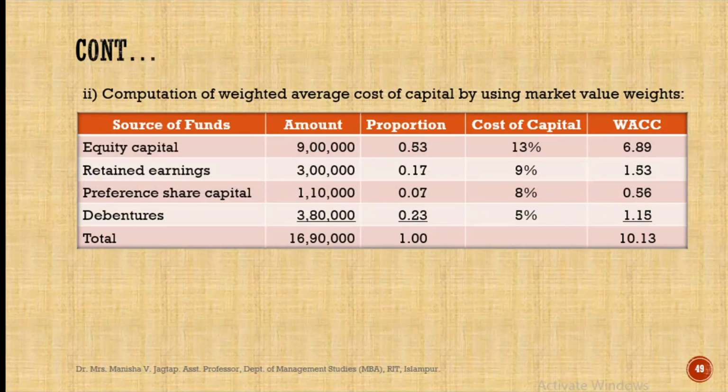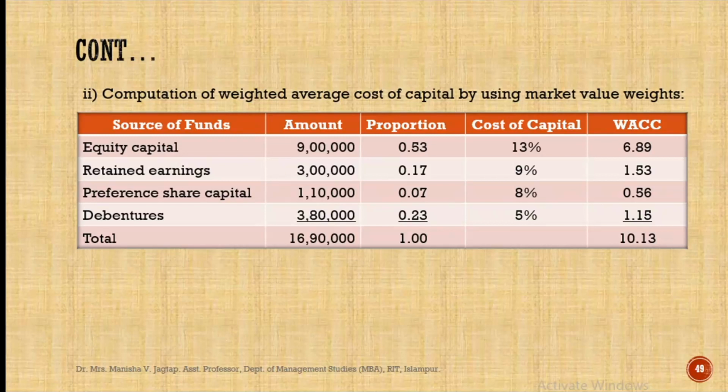Now we will see the computation of the weighted average cost of capital by using market value weight. In the same manner, we will create a table with 5 columns: sources of funds, amount, proportion, cost of capital, and weighted average cost of capital. In the amount column, we have now written the market value given in the example.